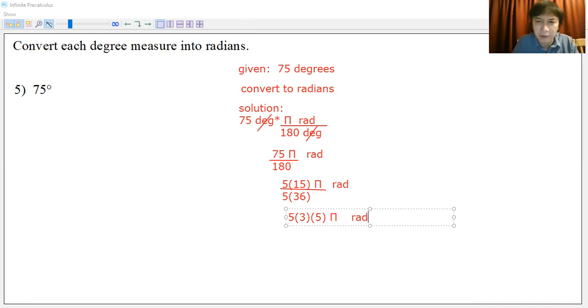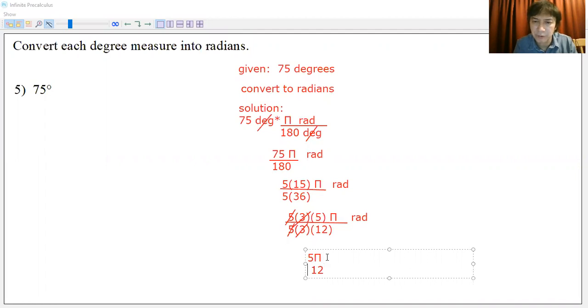And of course we have 5 and then 3 and then the 12 there. That is now complete. Now we can start canceling the numbers, 5 and 5, 3 and 3, and we have our final answer, 5 pi over 12.